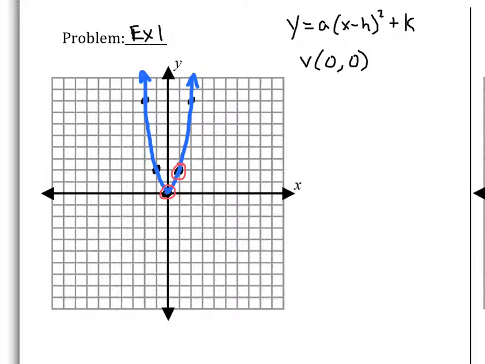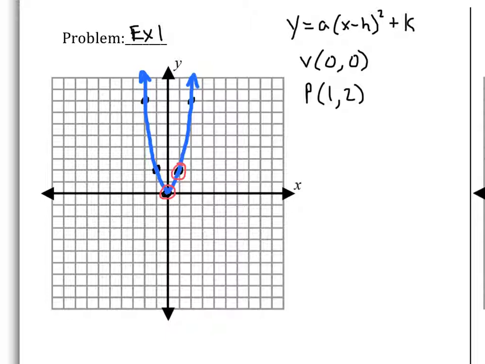Okay, so the coordinate of that point, I'm just going to call it P for another point, is at 1, 2. So using my graph, I have found the vertex, and I have found just a second point. I could have used any of those 4 points, but I just chose to use 1, 2.